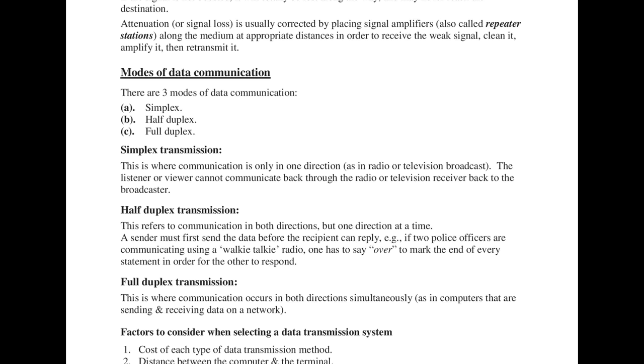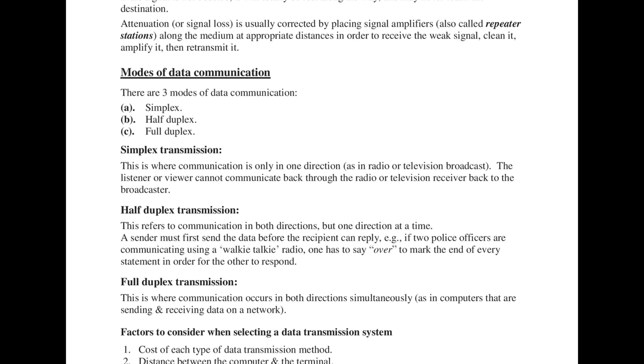So let's classify these ones. We have simplex transmission. This is where communication is only in one direction, like radio and television broadcast. You can only listen or view, but you cannot communicate. Then we have half duplex transmission. This refers to communication in both directions, but one at a time.